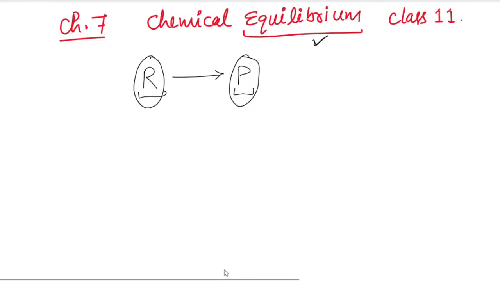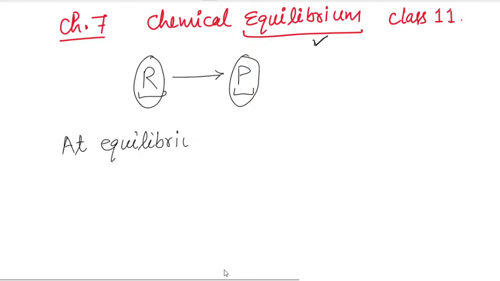So when such a stage is reached in the course of the reaction that no further reaction takes place or apparent, it is said in chemical language that reaction has attained the state of equilibrium. Means where the composition of the system becomes fixed. Means at equilibrium, कब बोलेंगे उसको equilibrium?